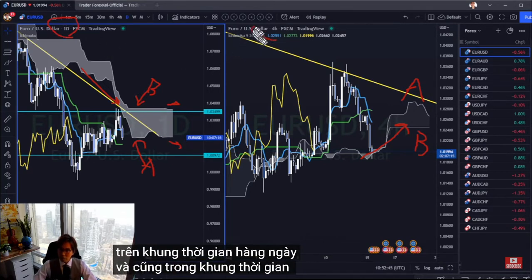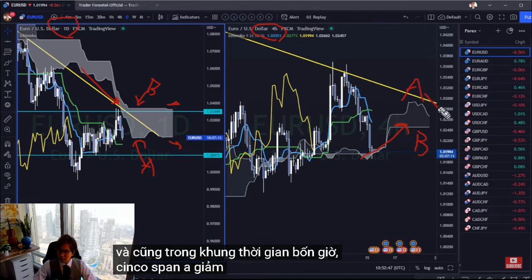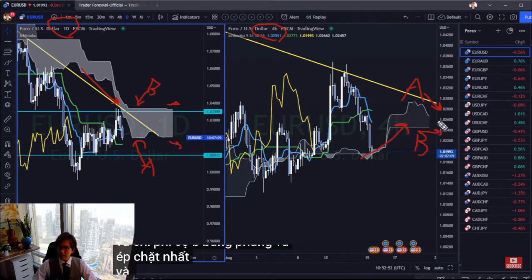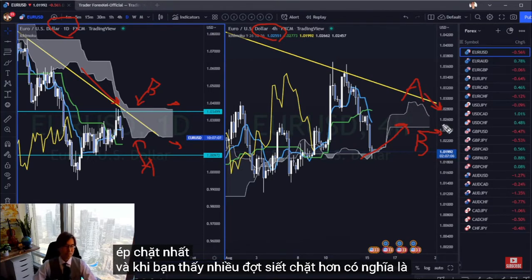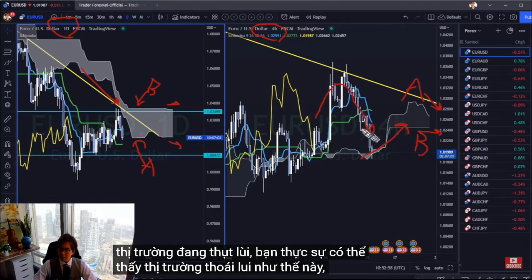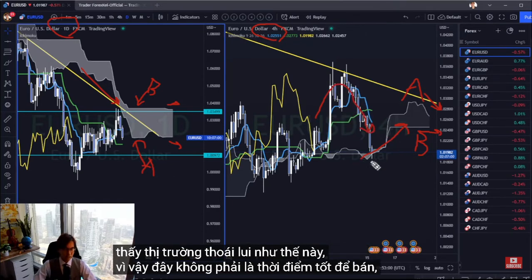And also in the 4-hour time frame, Senkou span A is down, Senkou span B is flat, and Kumo is squeezing. When you see Kumo squeeze, that means the market is retracing. You can actually see the market retrace like this. So this is not a good timing to sell.